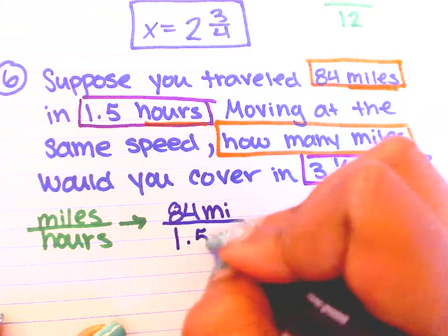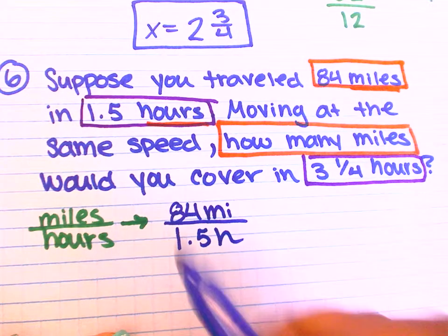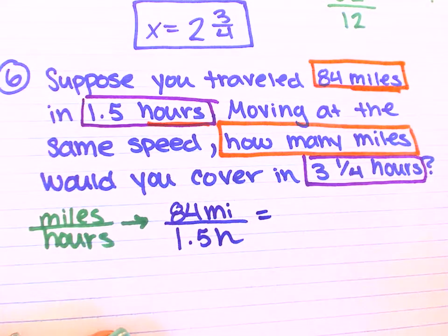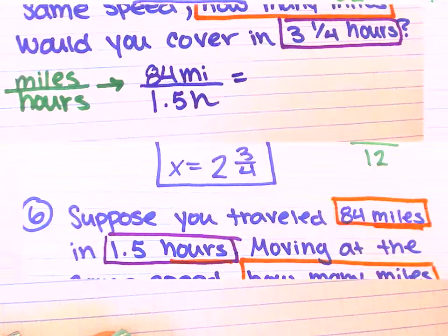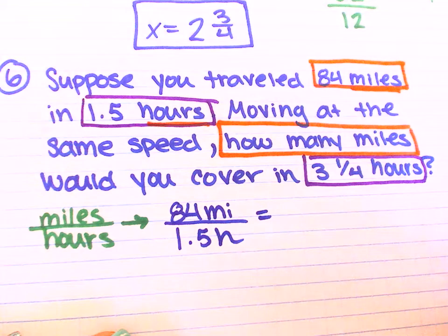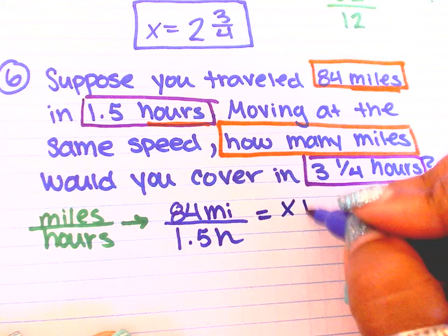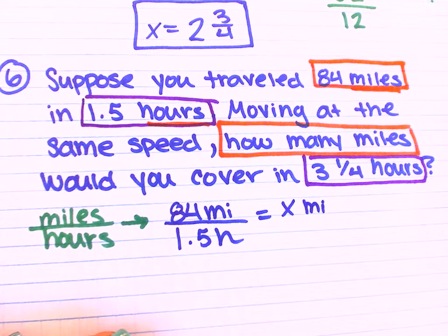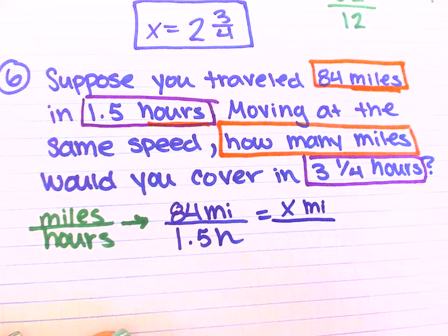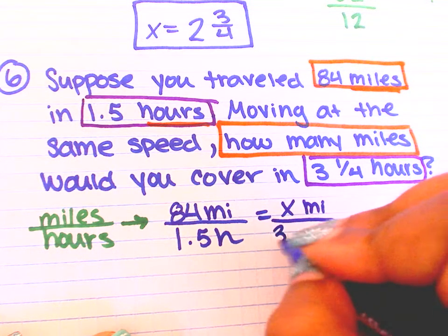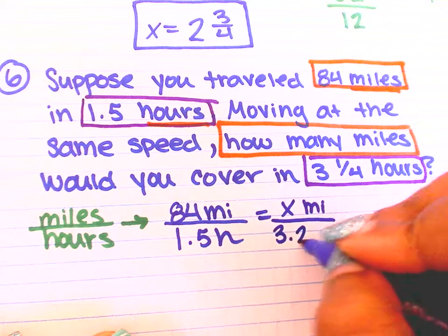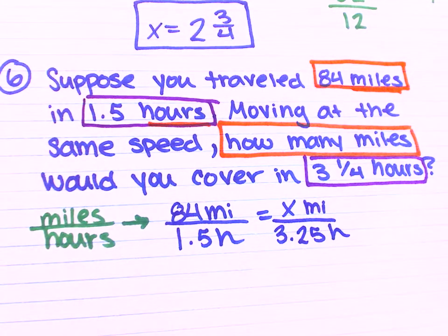and 1.5 hours, miles to hours, equals, so I'm writing my own proportion, miles has to stay on top. So if I look back, it says how many miles, so that's going to be x. X miles over 3 1/4 hours. I know 1/4 is 0.25, like quarters, right? So I know that's 3.25 hours.